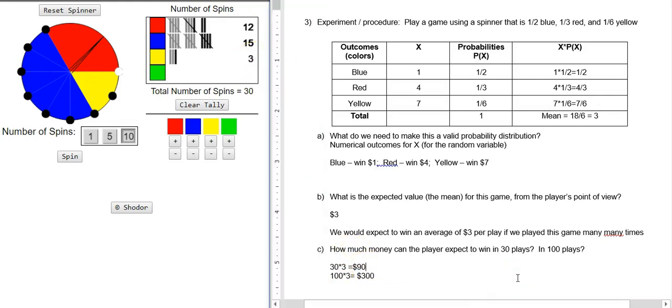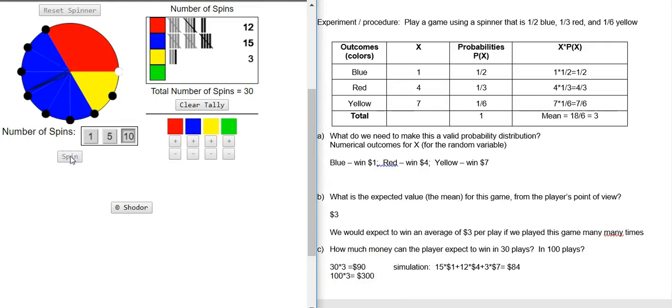In our actual simulation, 15 times $1 plus 12 times $4 plus 3 times $7. For those 30 plays, we would have only come up with $84. Not quite as much as our expected value, but it's still in the same ballpark.